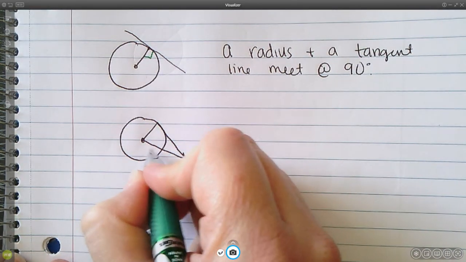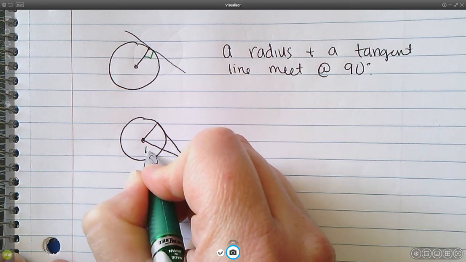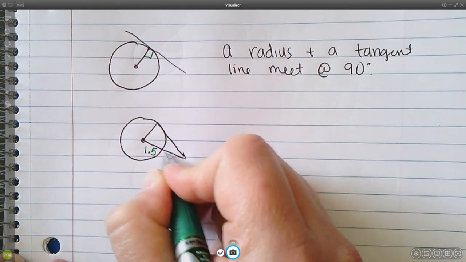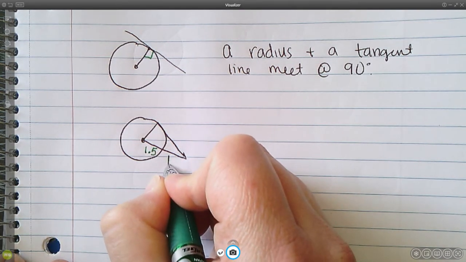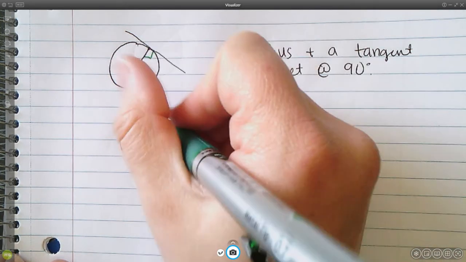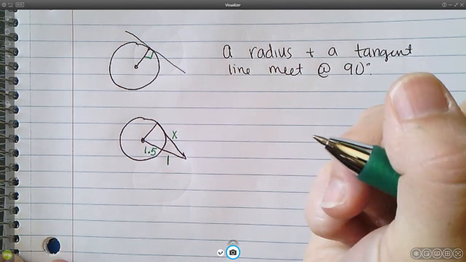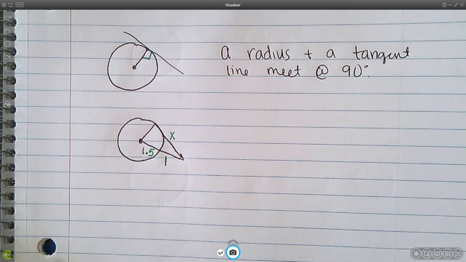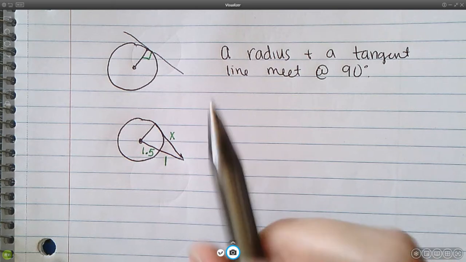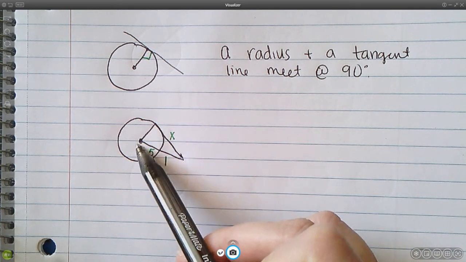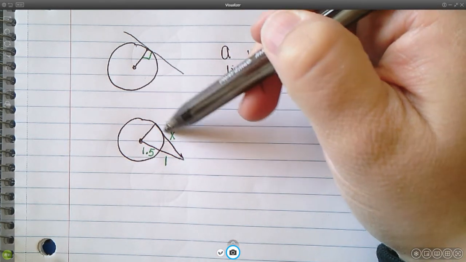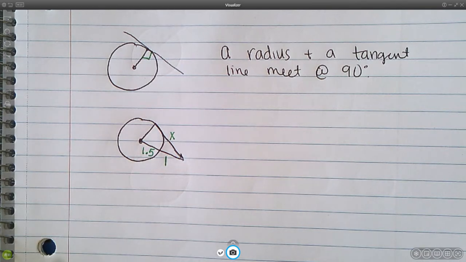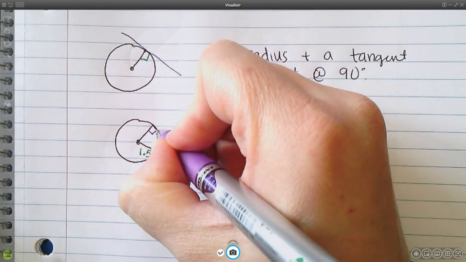If this length right here is 1.5, and this length is 1, not drawn to scale, sorry, and this length is x, and this is what we're trying to find. Okay, so we got a lot going on in this picture. First of all, we know that this is a radius, this is a tangent line, so this angle right here is 90 degrees.